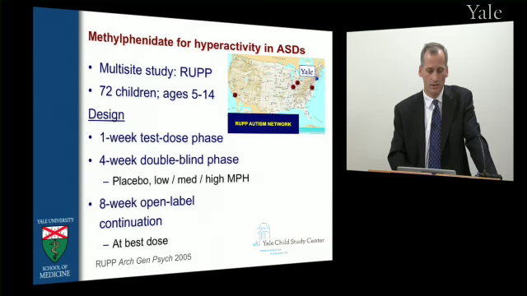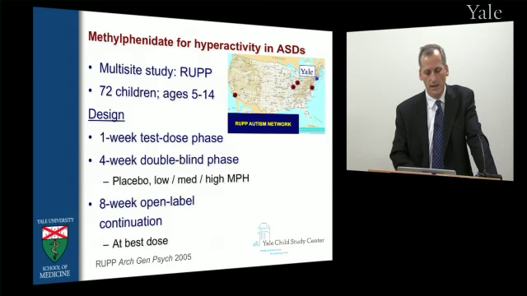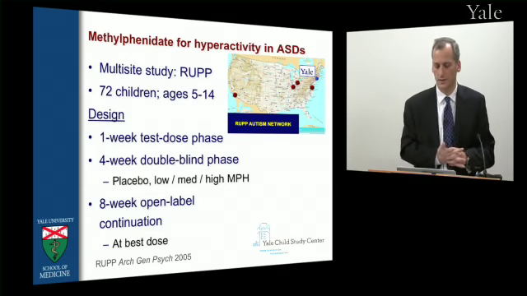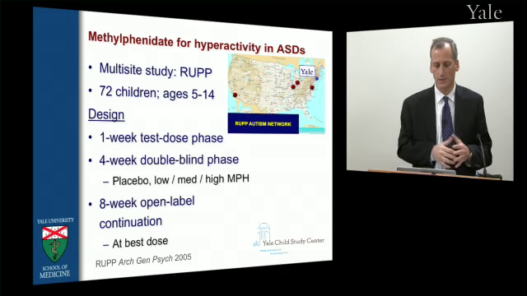A lot of hesitation about using these medications in kids with autism, and a very careful design in which there was a first week in which just a very small test dose was given, and if those kids could tolerate it, then they went into a 4-week double-blind phase where they were given either a placebo, a sugar pill, or the stimulant methylphenidate, Ritalin, in 3 different doses, a low, a medium, and a high. It was a 4-week double-blind study followed by an 8-week extension.